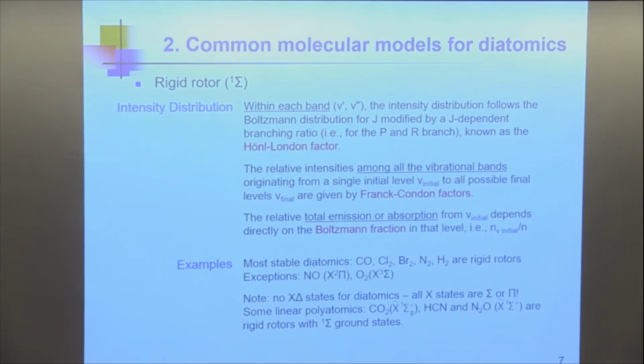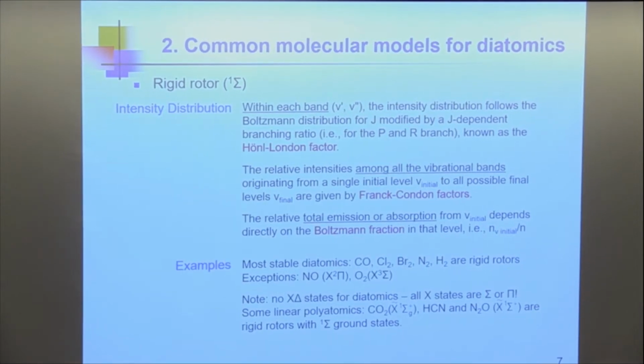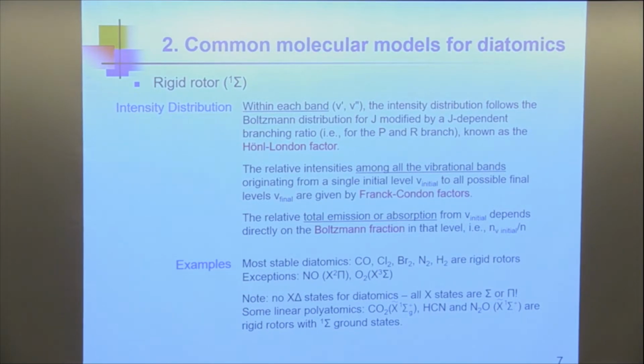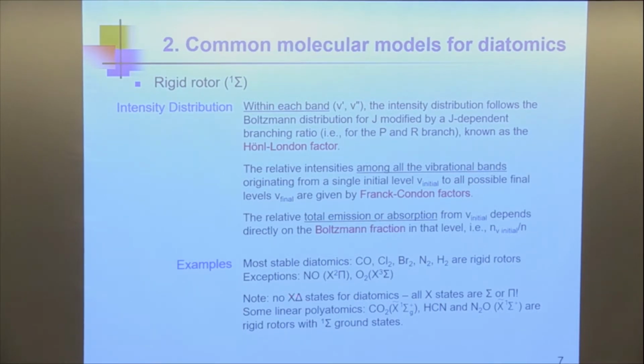Those are the easiest ones. You almost can forget the properties of the electrons. And even though we have the possibilities of sigma, pi, delta, it turns out that there are no ground states with a delta. So they're only sigma and pi. Good. So life is getting a little simpler now.